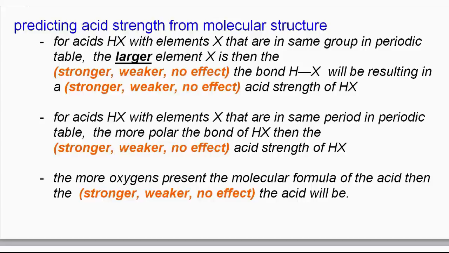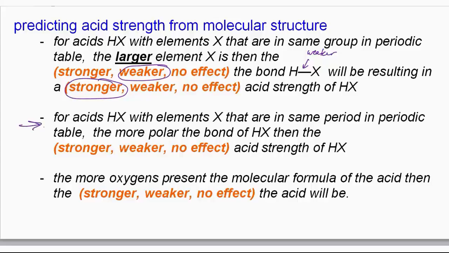If the element is larger, the charge, the electrons are spread over a larger area. It's going to end up being a weaker bond. And if this bond is weaker, then that hydrogen can lop off a lot easier. So it's going to be more acidic. Right? Weaker bonds result in a more acidic compound.